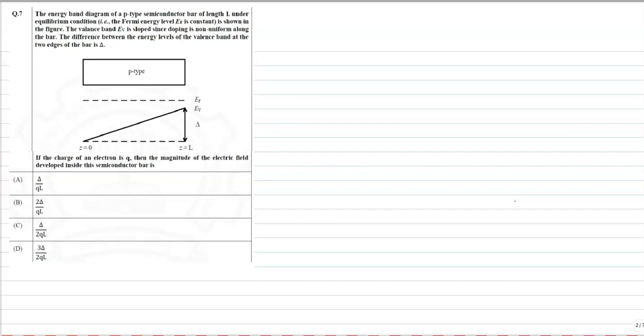So this is the concept of non-uniform doping. As you know, two concepts apply here, that is from energy to voltage. How will you find? That is E upon Q, the electronic charge.